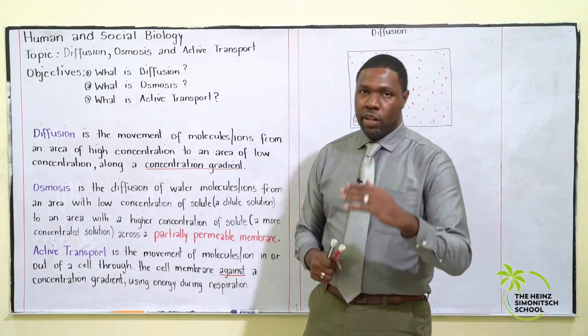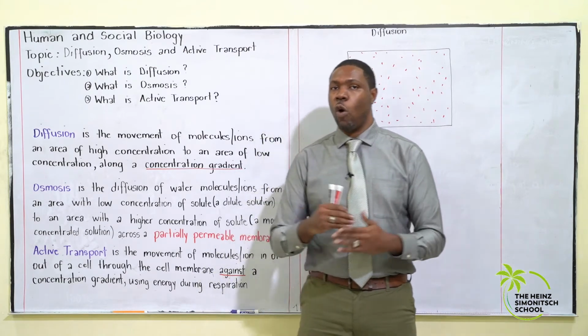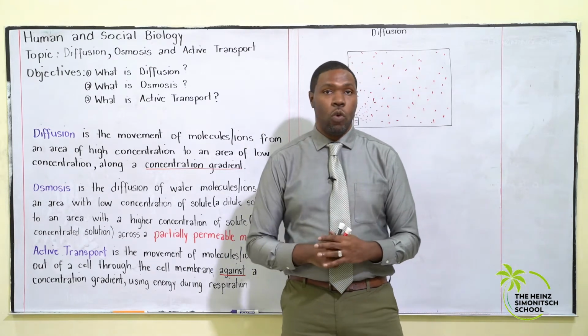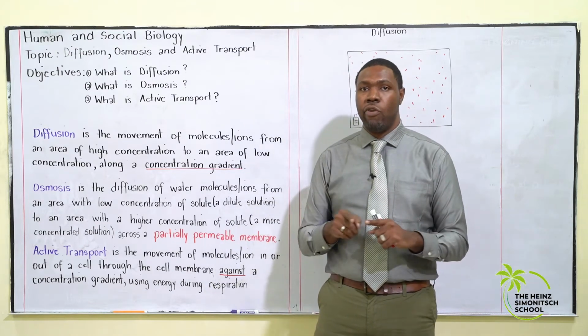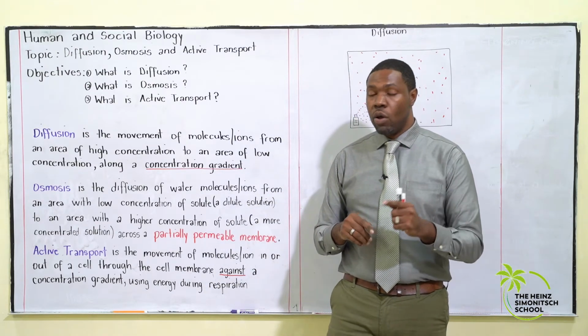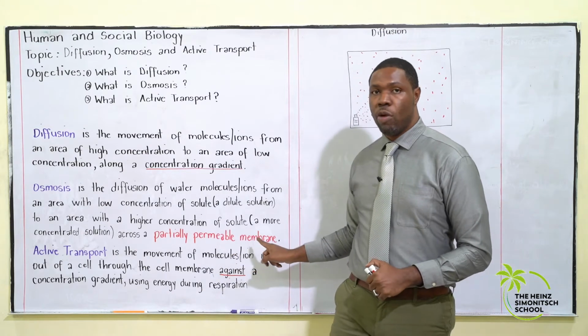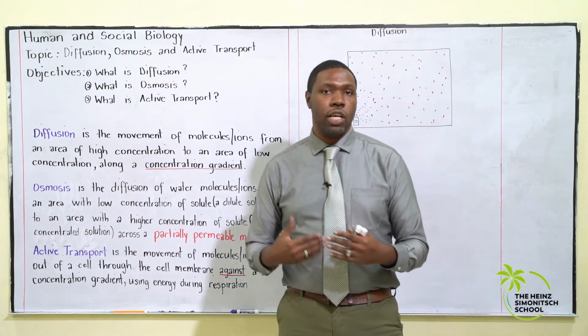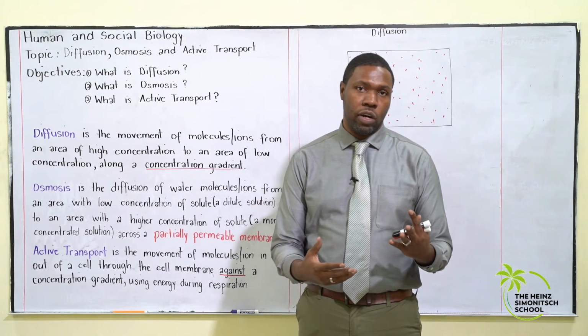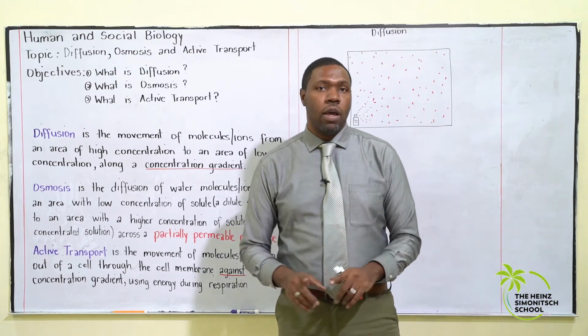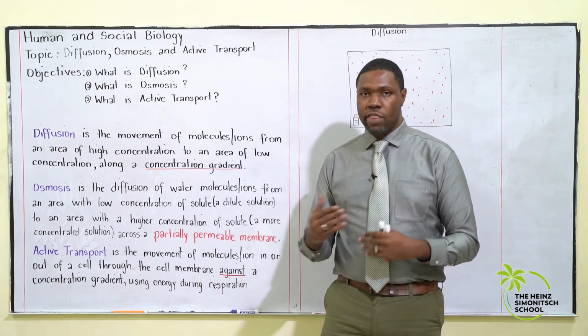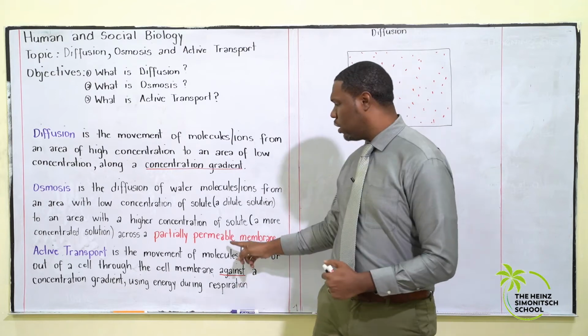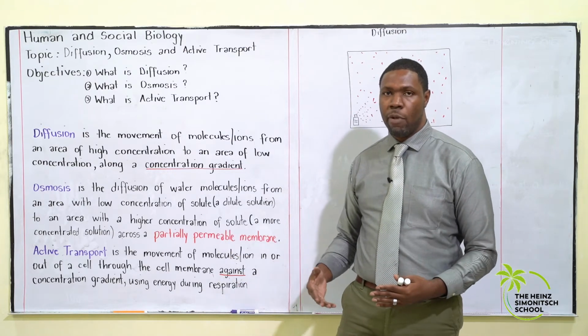Now, if we go back to what we learned about plant cells, we remember that the cell membrane is semi or partially permeable, which means that it allows some substances like water to pass through. However, it will not allow everything to pass through. So that's what partially or semi-permeable mean.